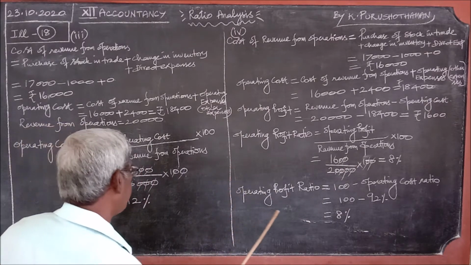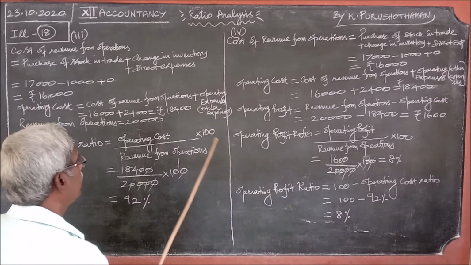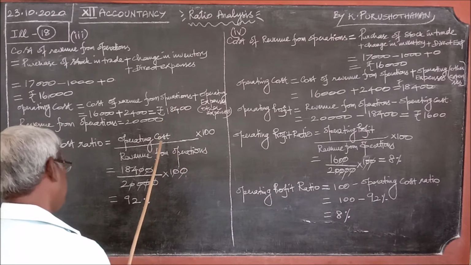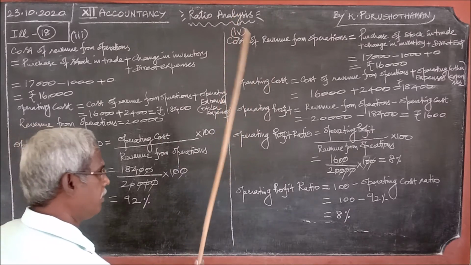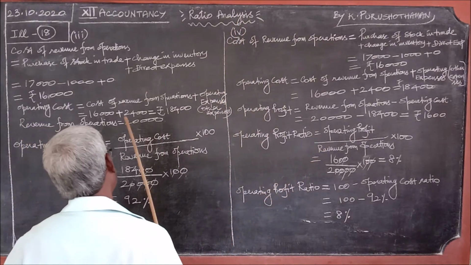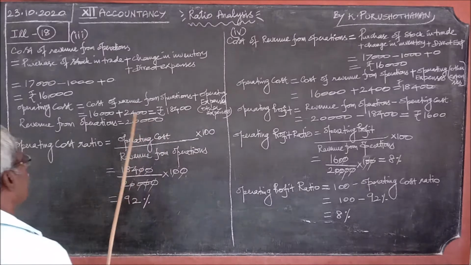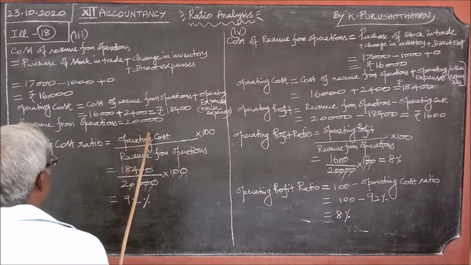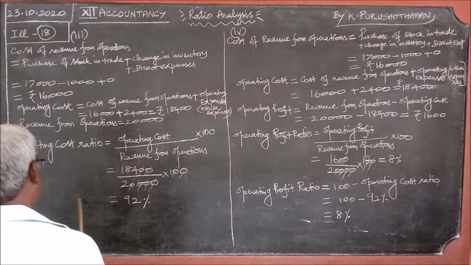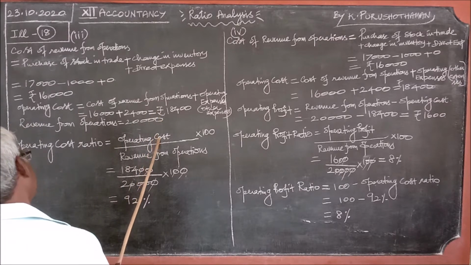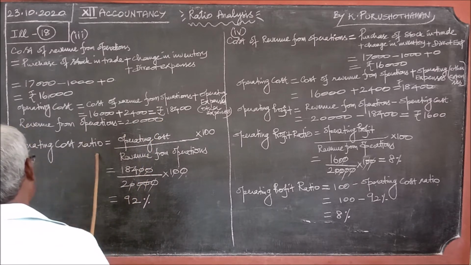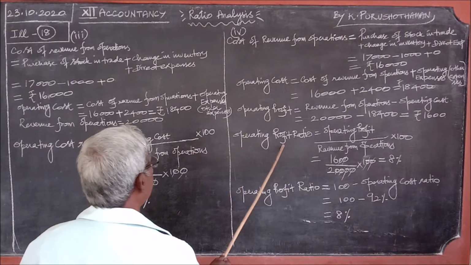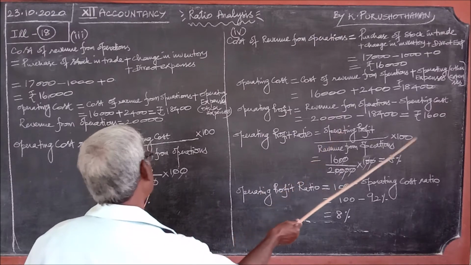Even for gross profit ratio and net profit ratio, the denominator is revenue from operations with 100. But what about the numerator? The numerator will only change accordingly. In gross profit ratio, gross profit is the numerator. In net profit ratio, net profit is in the numerator. In operating cost ratio, operating cost is in the numerator. In operating profit ratio, operating profit is in the numerator.